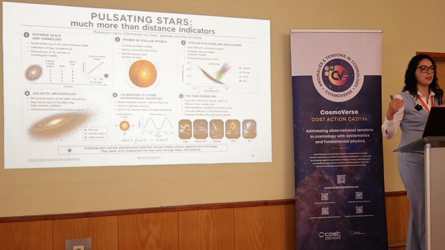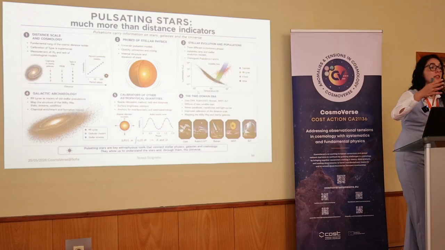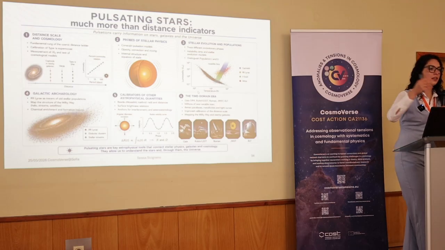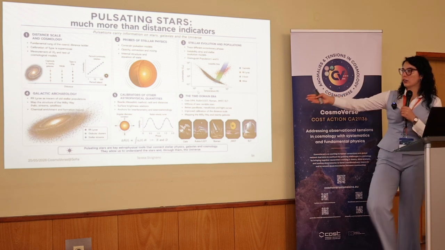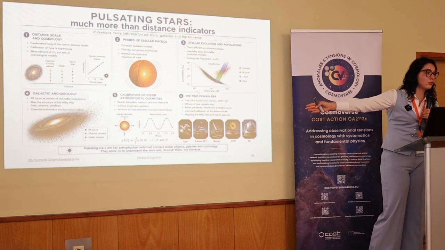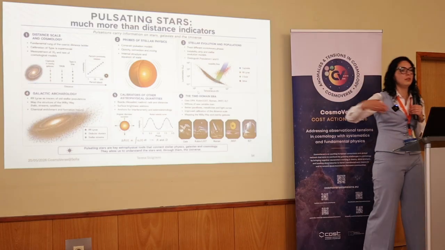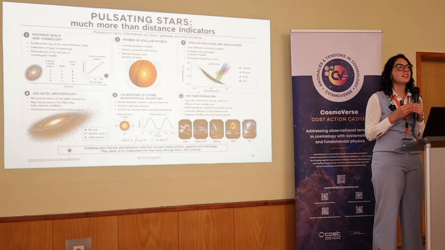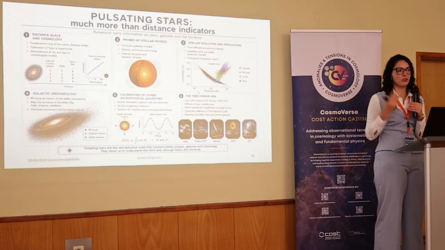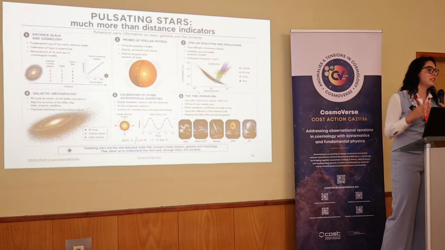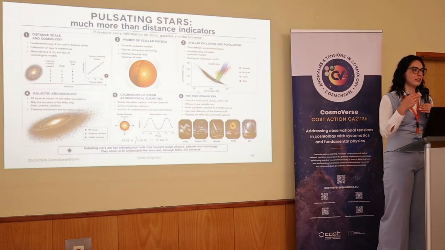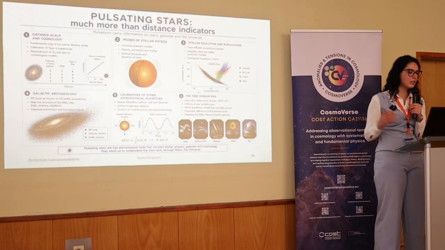So if we know that in some globular cluster or open cluster there is a Cepheid, or another variable, this means that there are old stars and young stars, and tells us where these stars are coming from. Then galactic archaeology: thanks to Gaia, we found out that the Milky Way is not only the Milky Way, but is made up of several different galaxies, and pulsating stars can trace the different galaxies.